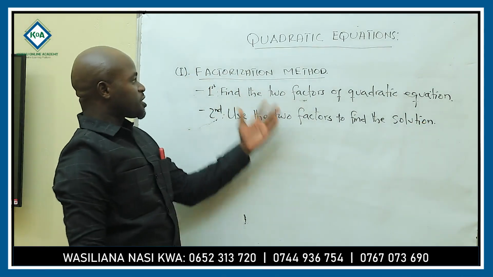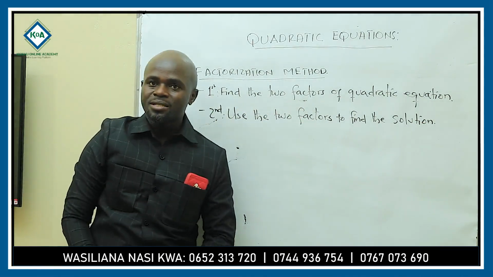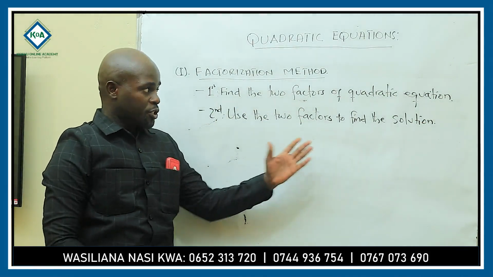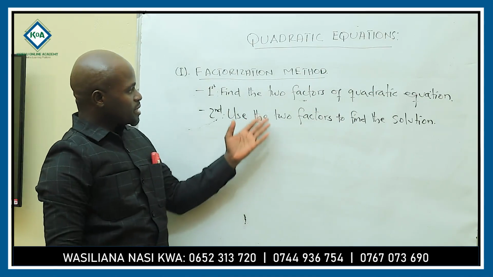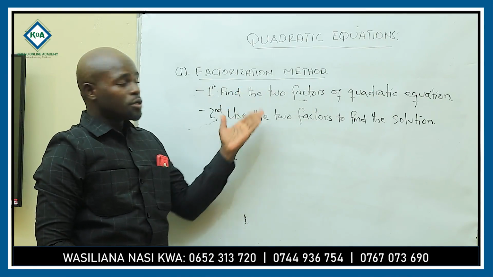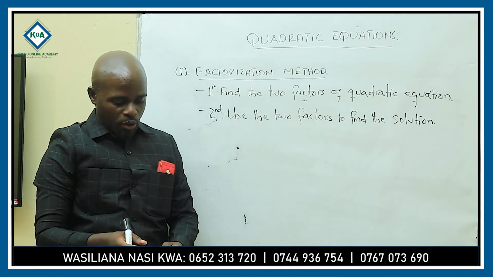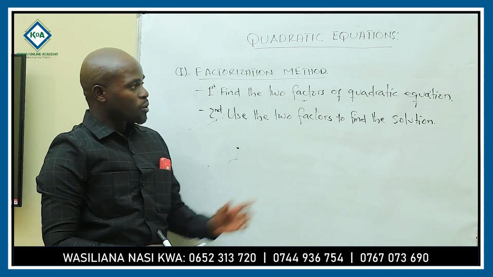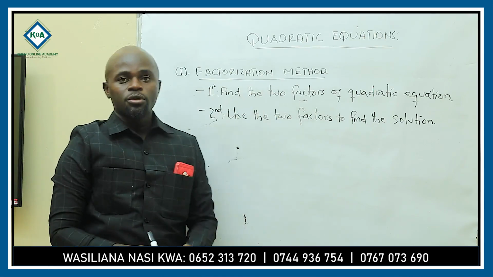So here, in factorization method, you have only two steps. The first step is to find the factors of the quadratic equation, and the second step is to use the factors which you obtained in the first step to find the solution of the quadratic equation.